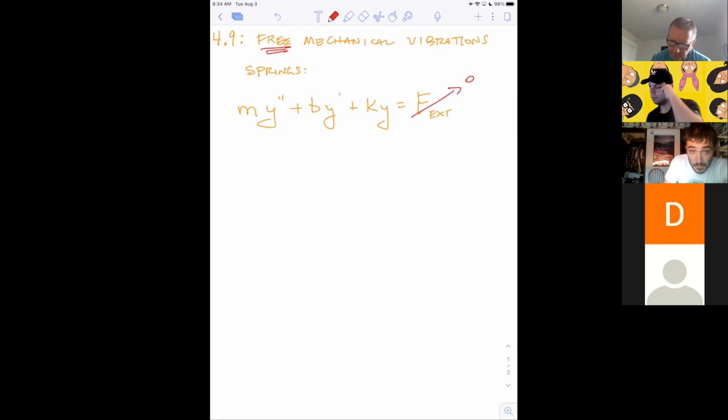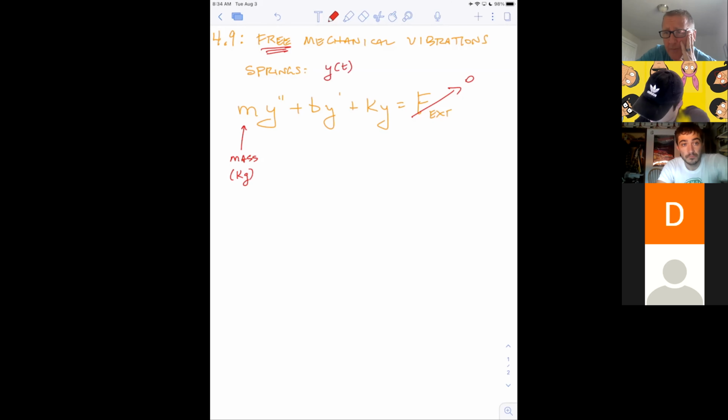Let me throw a couple of things in here. This was mass, which is measured in kilograms, and we're going to do this in the metric system because your book assignment will be in the metric system. Today it's not y as a function of x, it's y as a function of t, because we need to consider our independent variable as time, not location.